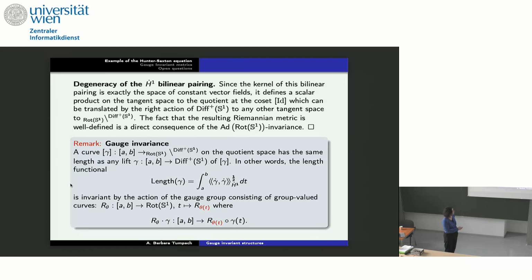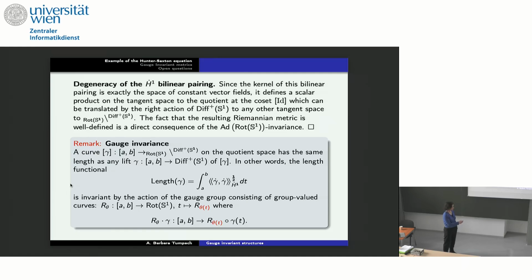Why is it so? Because if you differentiate this new curve after a time-dependent rotation, you get the tangent vector of this curve. T appears in two places, in the rotation, which is time-dependent, and in the curve itself.